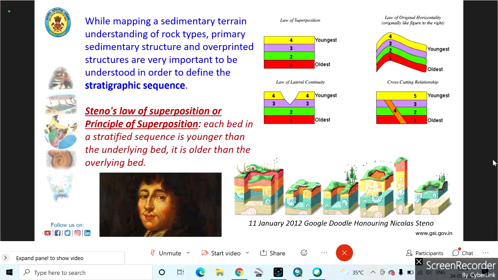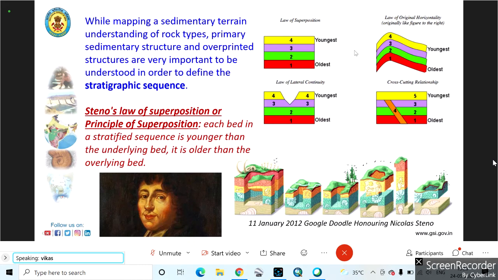Yeah. Now, when we are mapping sedimentary terrain, these are very primary things that we study in our BSc first year itself, which is very much governed by Steno's law of superposition, or very famously called the principle of superposition. That is, each bed of a stratified sequence is younger than the underlying bed.